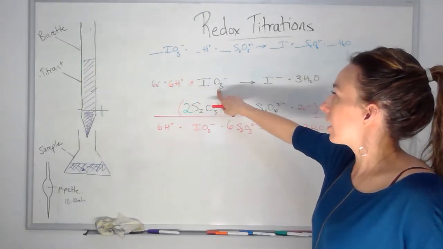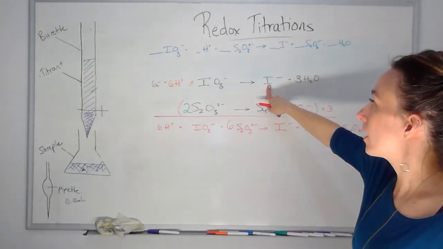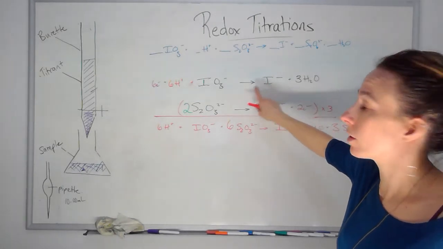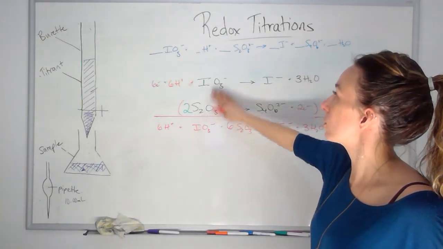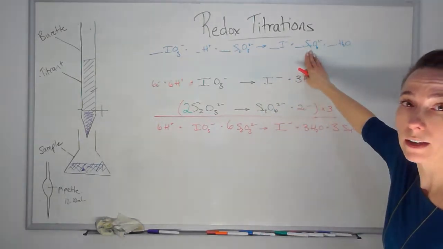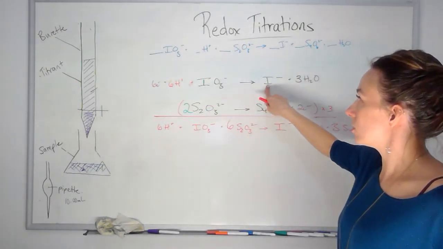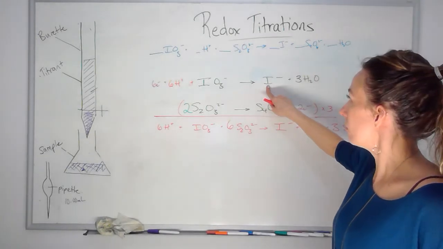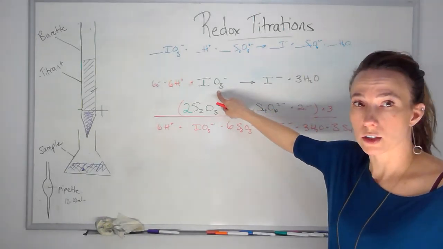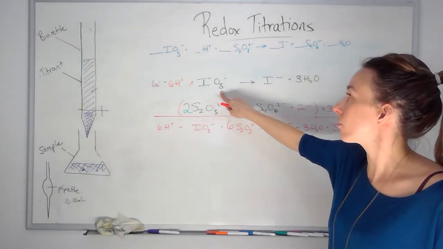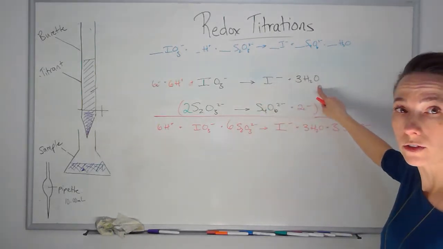So I can see that the IO3 minuses are going to be becoming I minuses. That's going to be half the story. And the other half of the story is the S2O3 2 minuses must be becoming my S4O6 2 minuses. So major species already balanced. Major OHE, balance your oxygens using water. So I have 3 oxygens on this side, so I needed 3 waters on that side.